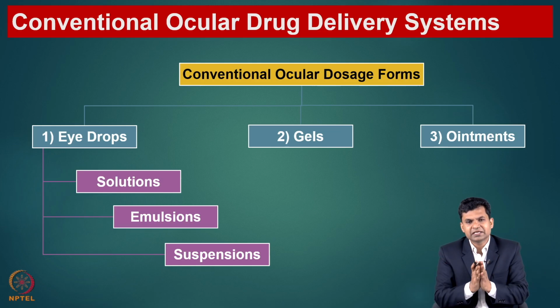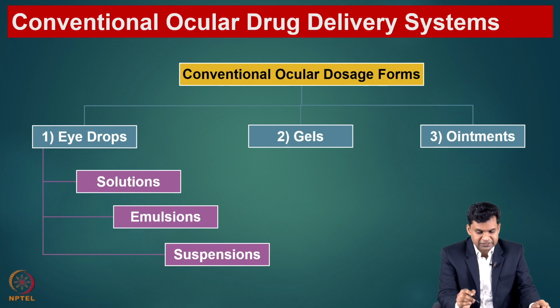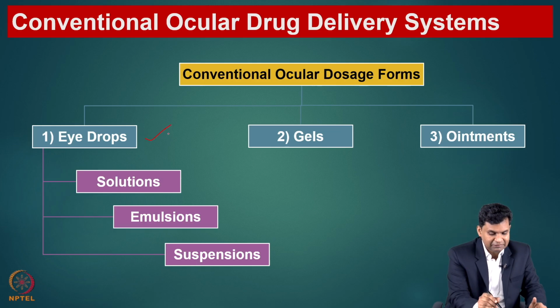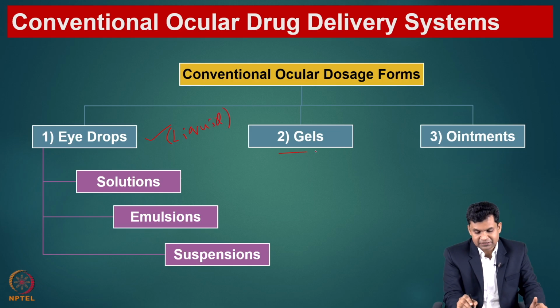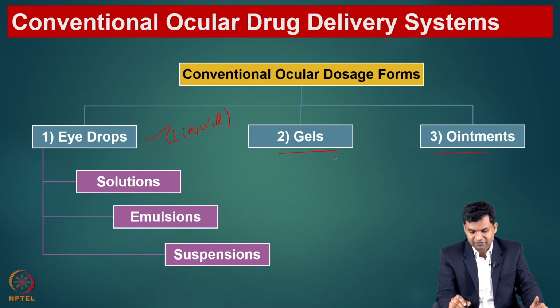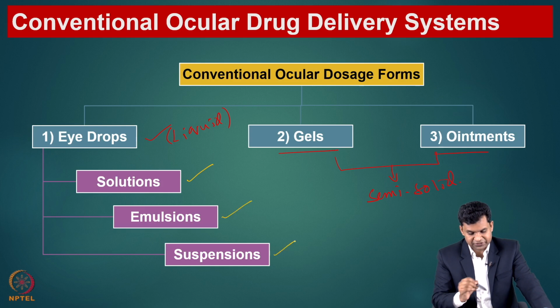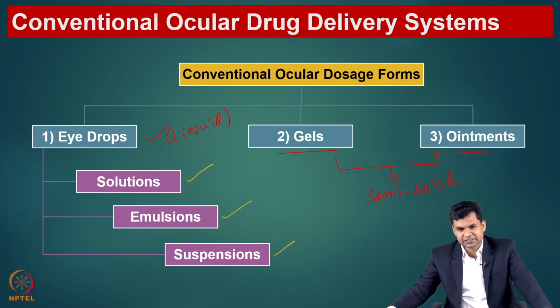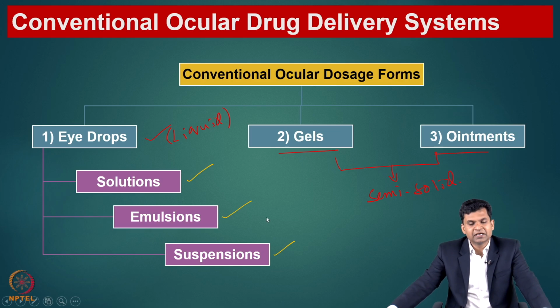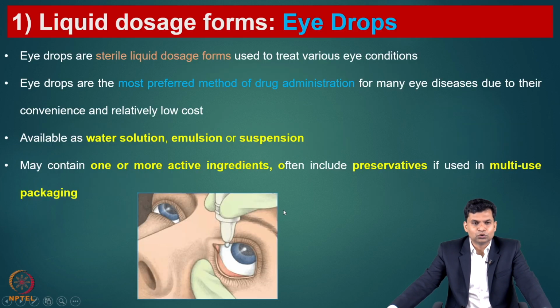These are the topical formulations, where the first is eye drops, or liquid dosage forms, and the gels and ointments come under the category of semi-solid dosage forms. These are further classified into solutions, emulsions, and suspensions. So today we are going to discuss the liquid dosage forms as well as the semi-solid dosage forms.